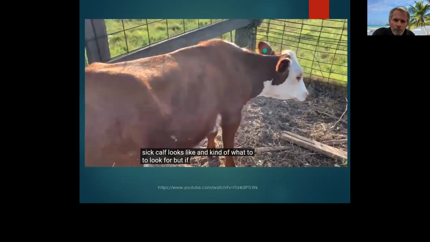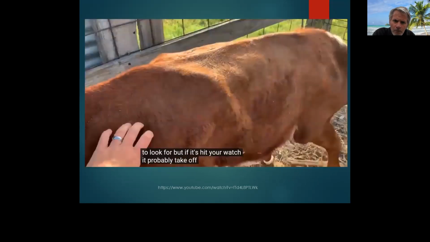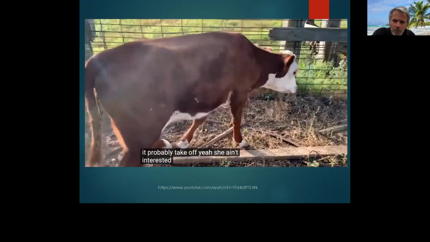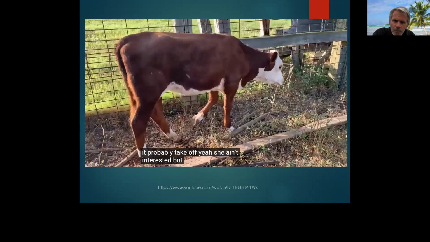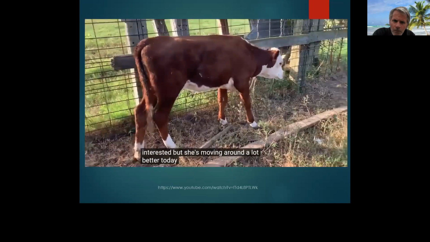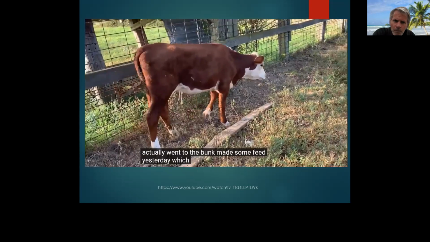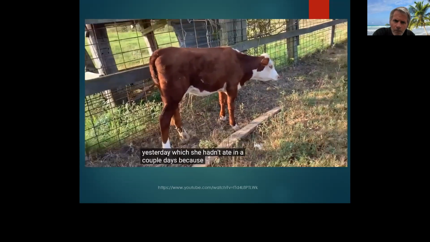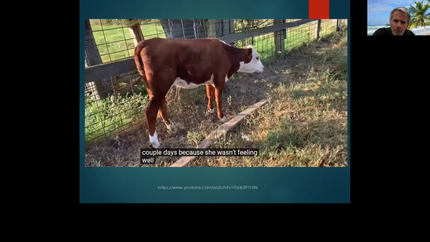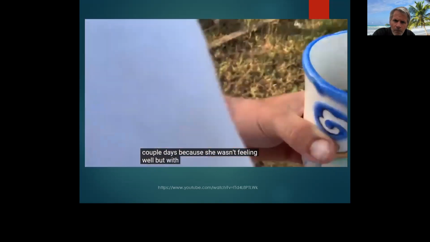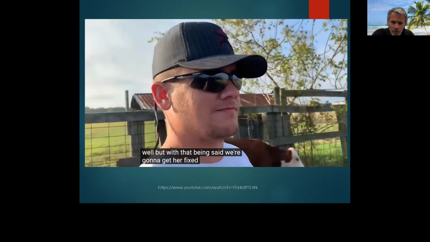But if I fetch her a wash, she'll probably take off. She ain't interested. But she's moving around a lot better today. Her head's higher. She actually went to the bunk and ate some feed yesterday, which she hadn't eaten in a couple days because she wasn't feeling well. But with that being said, we're going to get her fixed up.